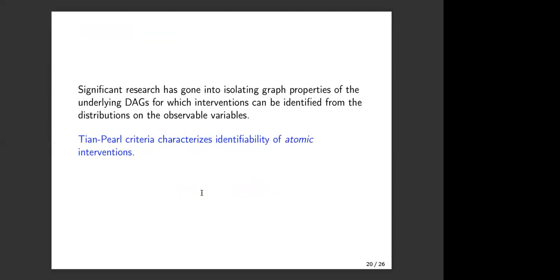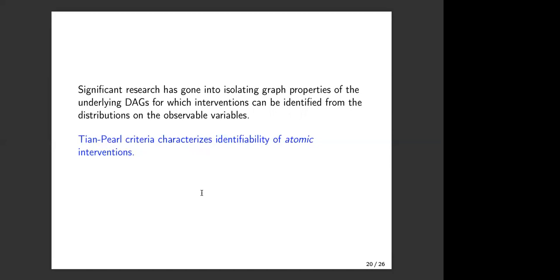So significant research has gone into isolating graph properties of the underlying DAGs for which interventions can be identified from the distributions on the observables. So the question was, what kind of properties should my DAG satisfy so that interventions are identifiable?